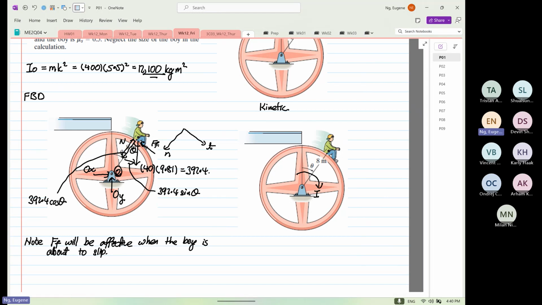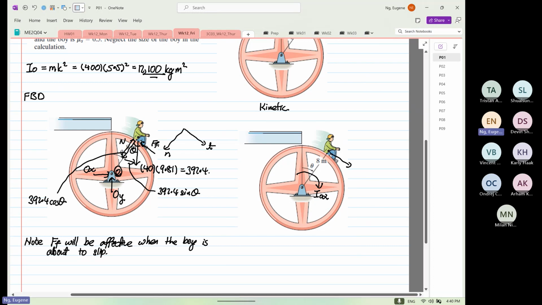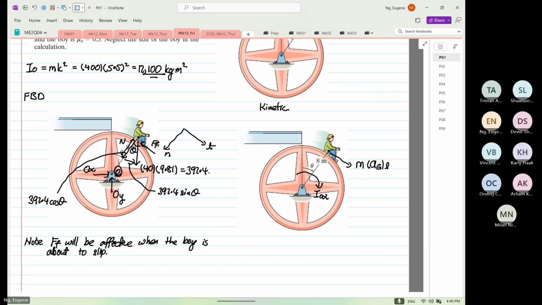And this is our I naught alpha. The boy, if he were to slide off over here, will be equal to M A G, and this is basically equal to M alpha R.